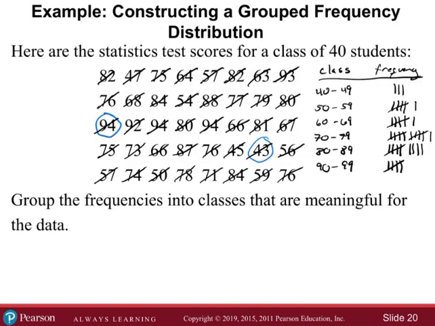So then we had 3 in the 40s, 6 in the 50s, 6 in the 60s, 11 in the 70s, 9 in the 80s, and 5 in the 90s. These should total 40. 6 and 3 is 9, plus 6 is 15, 25, 26, 35, 40. All right, so these add up to 40.